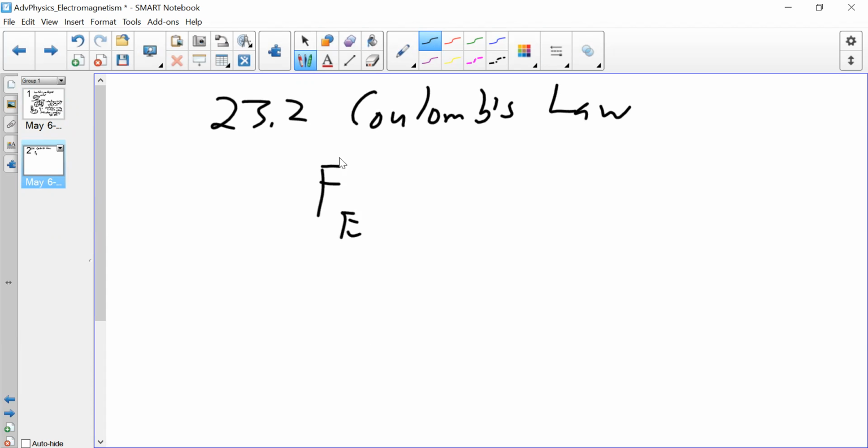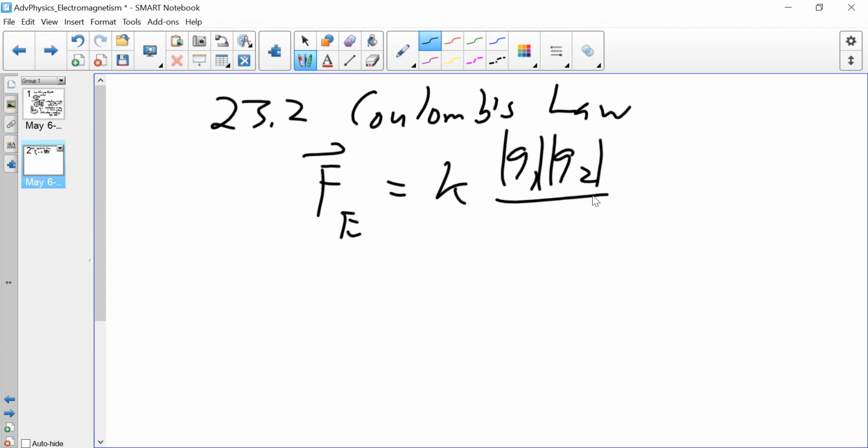We say F sub E equals k Q1 Q2, absolute value, over r squared. And this is the electric force. So now we're quantifying all those types of attraction that we just saw into equation form, which was developed by Charles Coulomb, I believe in the 1800s, 1700s, somewhere in there.